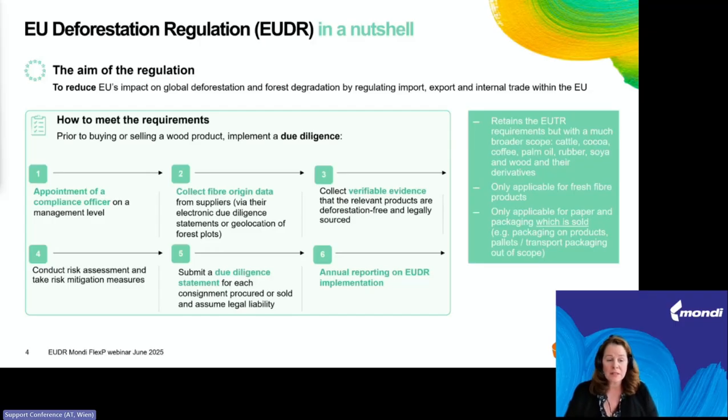The fourth step is to conduct a risk assessment and take mitigation measures to address any risks that have been identified, and to submit a due diligence statement for each product that you're selling, and assume, of course, the legal liability that it is deforestation and forest degradation free. And last but not least, there's an annual reporting requirement under EUDR after the first year of implementation.